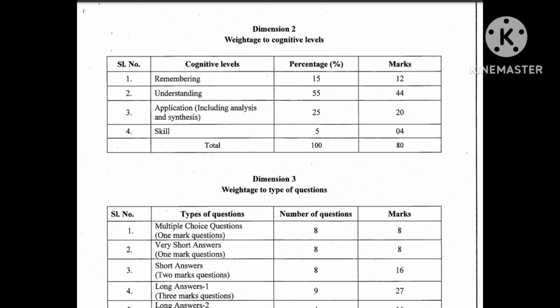Now we have the second dimension, that is weightage to the cognitive levels. Cognitive levels means remembering, understanding, application, and skill.